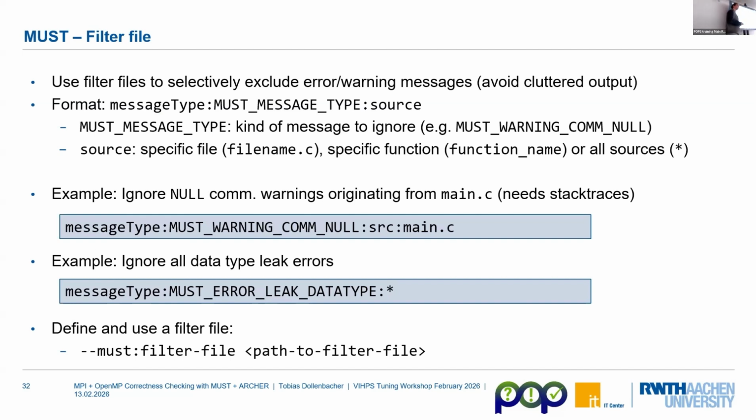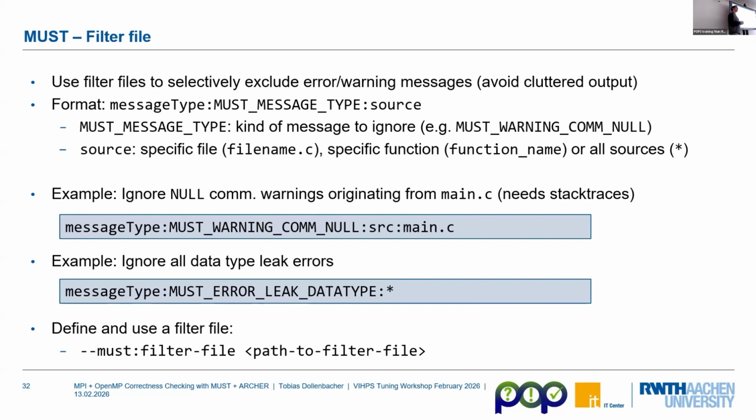Also, we offer filter files. If you want to have the analysis only run on specific files of your application, you can use the filter files. That way you can filter files, and also you can filter error kinds. So if you are just interested in, let's say, memory leaks, you can filter all others out.